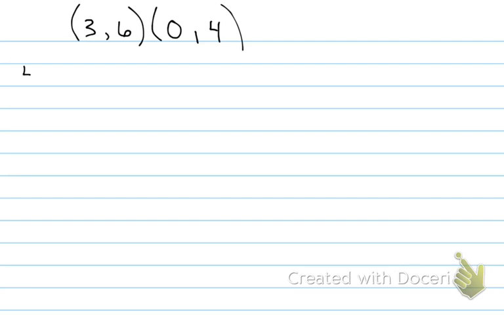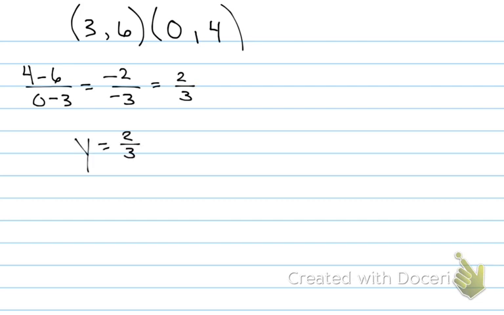So to do that, we go y2 minus y1, 4 minus 6, and x2 minus x1, 0 minus 3. -2 over -3. Negative divided by a negative? Positive. Okay? So now y equals 2/3 x. That's great.